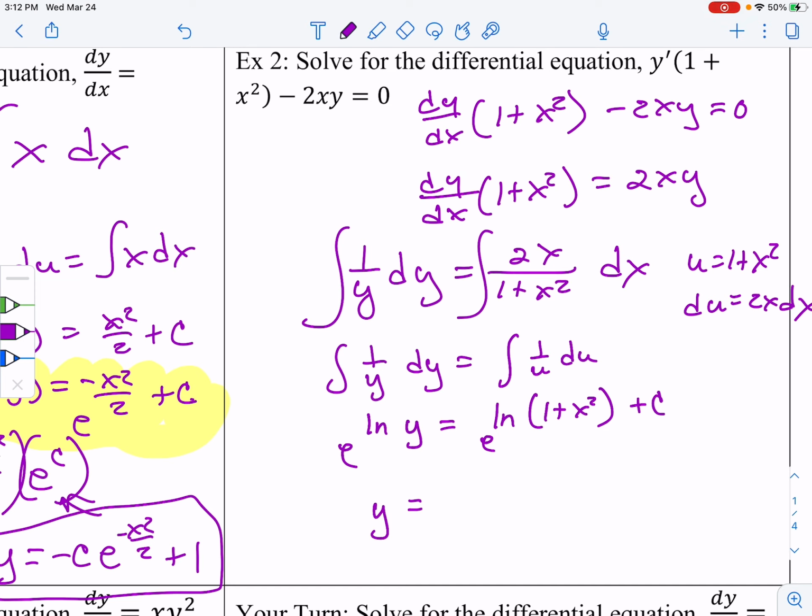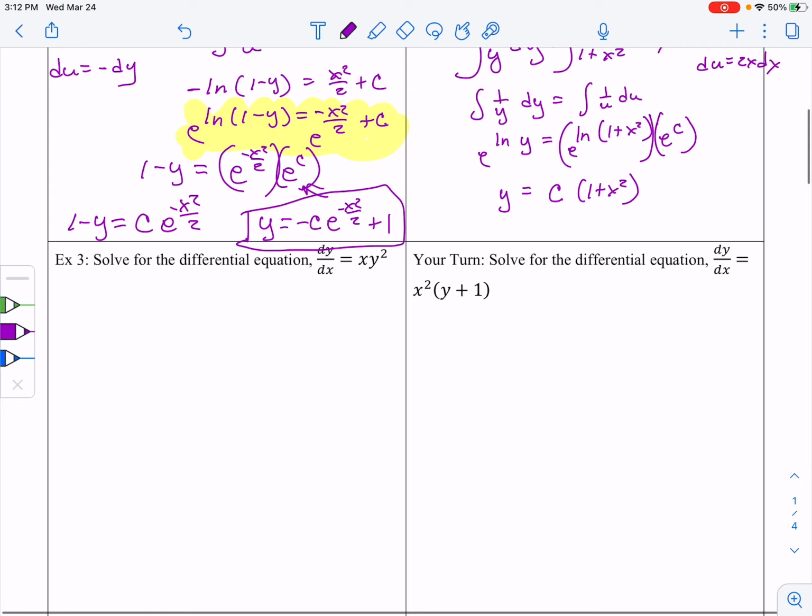You end up with this times e to the c. You multiply them. So that becomes just c, and this becomes 1 plus x squared. Alrighty? Pretty tricky. Okay.